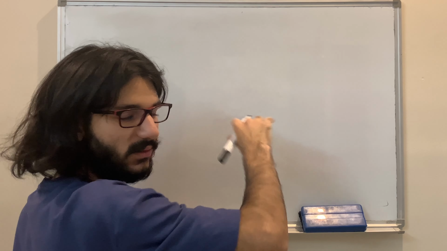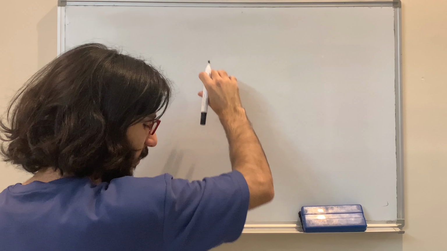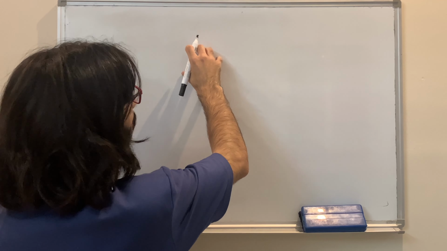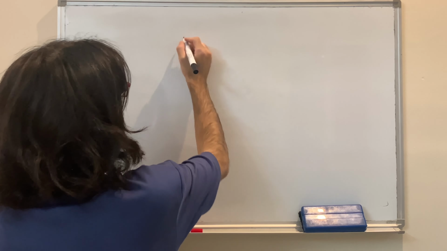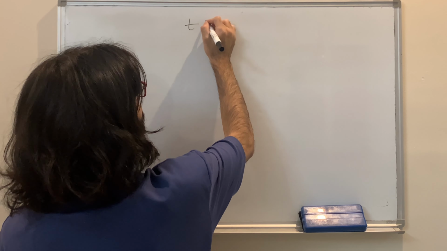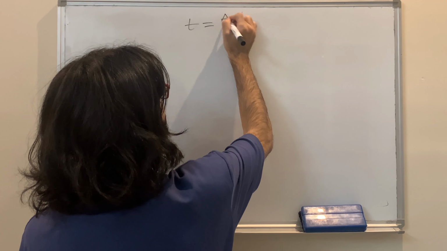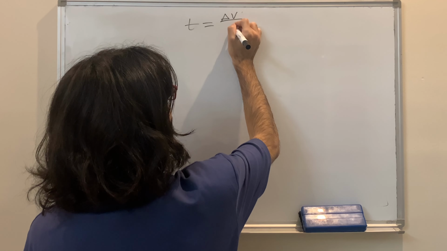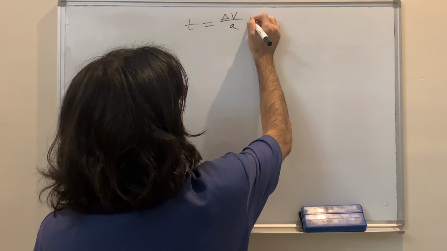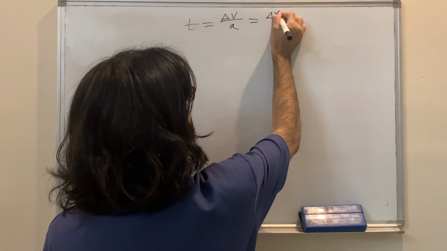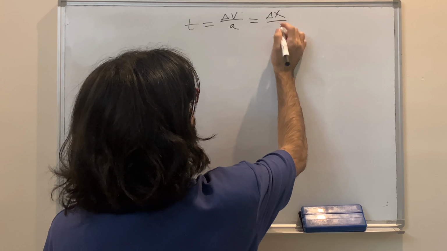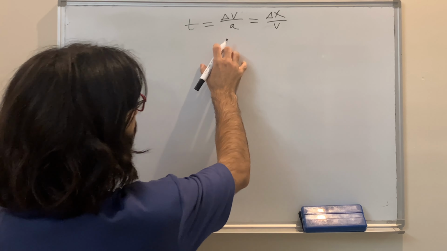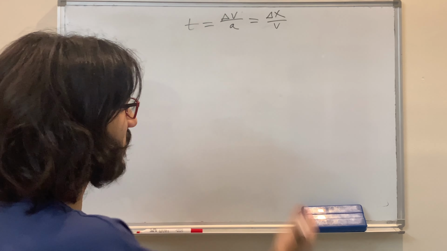Now you just, again, solve for time in both the formula of velocity and acceleration, which is gonna get you t equals delta v over a and delta x over v. You can do the math by yourself. I just did it already.